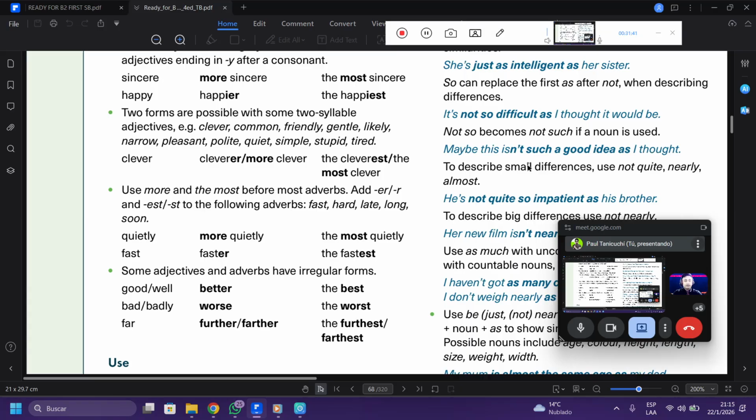It could be English is not so difficult as French, for example. French. Yes, like that. Maybe you could say you are not so clever as your friend, for example.